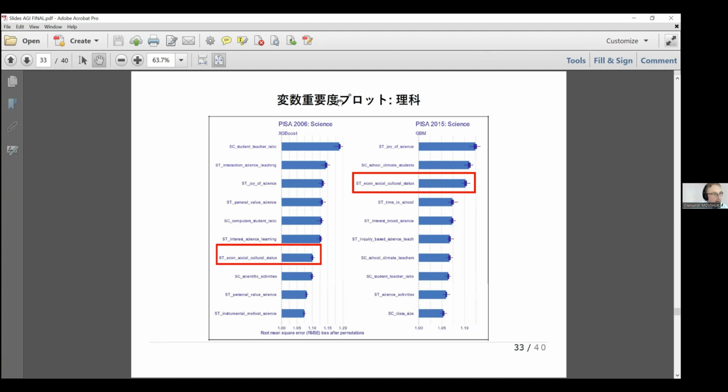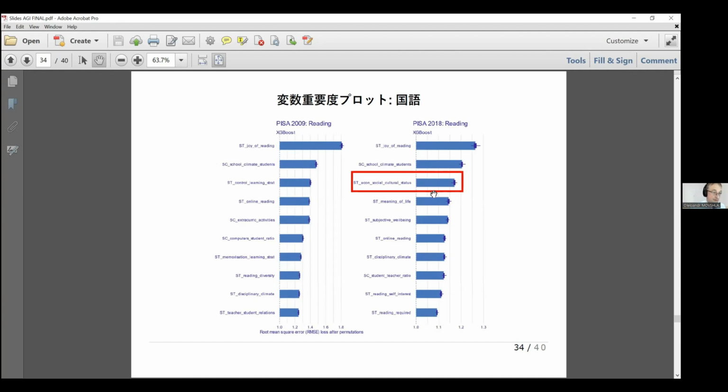For science, the most important variable was student-teacher ratio, but socioeconomic status was also about 7th or 8th. But 9 years later, again, the explanatory ability of socioeconomic status increased, and now it became the third most important variable behind the joy of science, according to students' answers, and also the school climate concerning students.